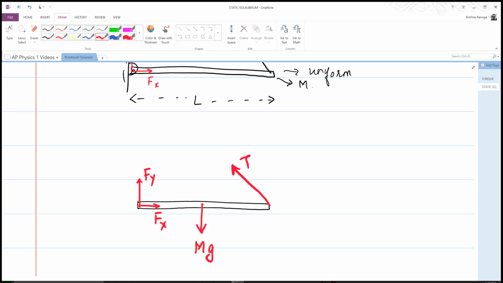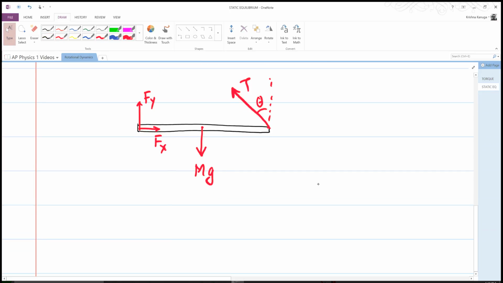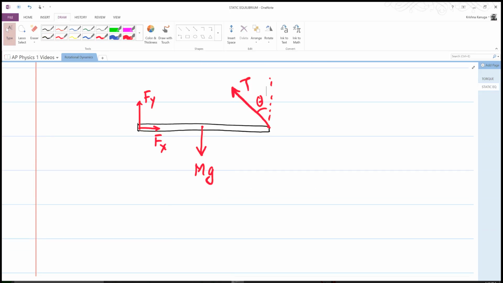So we have all these forces, and our goal is obviously to figure out T, Fx and Fy. Also we know that the angle is theta out here. So let us look at all our conditions.